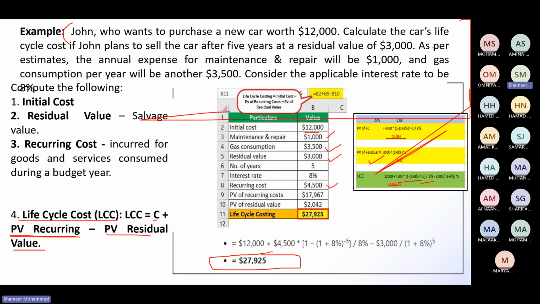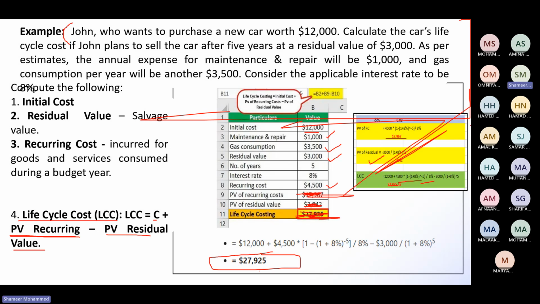So $27,925 is the life cycle cost of your project. This type of question will be given to you, students. They will give you this table with values, but they may not give you the totals, this value and this value.